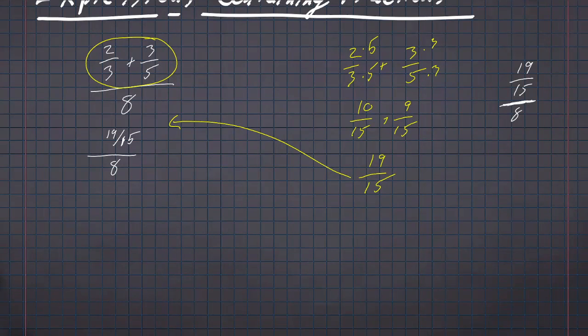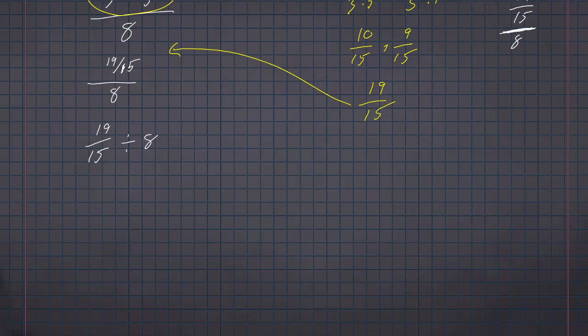Now, to finish this problem, fraction bars mean division. So 19 over 15 over 8 is 19 over 15 divided by 8. We can use the rules we know for dividing fractions and write this as 19 over 15 times the reciprocal of 8, which is 1/8.